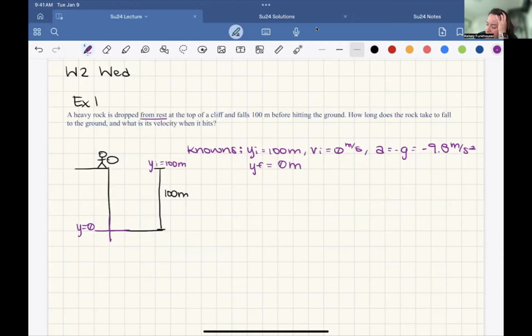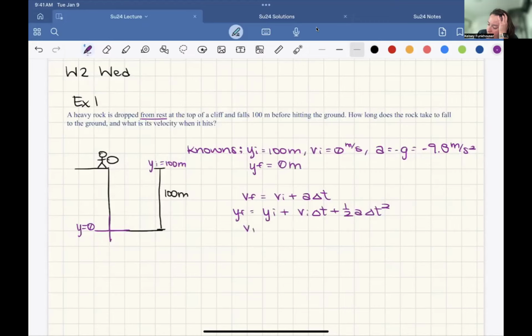So there's acceleration. So obviously we're not going to use the no acceleration equation. So velocity final equals velocity initial plus acceleration times the time interval. Y final equals y initial plus initial velocity times the time interval plus 1/2 acceleration times the time interval squared.